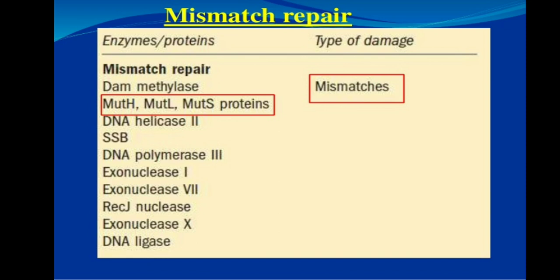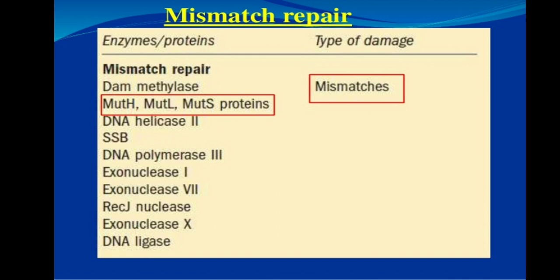Then we'll see the mismatch repair system. This mismatch repair system removes any errors which are left in the DNA after DNA replication, right? Errors in replication lead to a mismatch, a wrong base incorporated in the newly synthesized DNA.